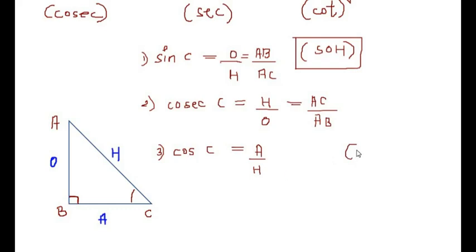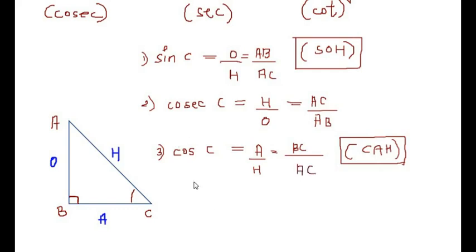So here it is written as CAH. C stands for cos, A stands for adjacent, and H stands for hypotenuse. It is easy to remember the abbreviation when you are using it when solving the examples. So remember the things which I am going to put in the box. So here adjacent is the side BC and hypotenuse is the side AC.